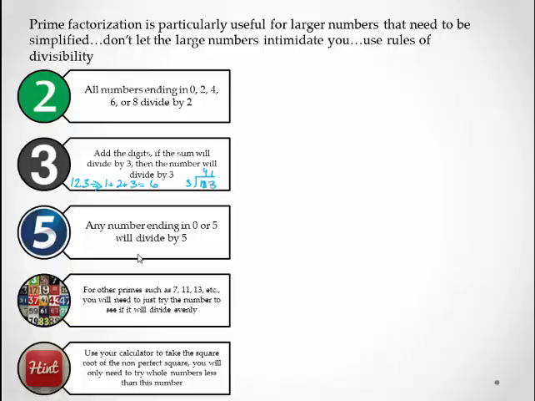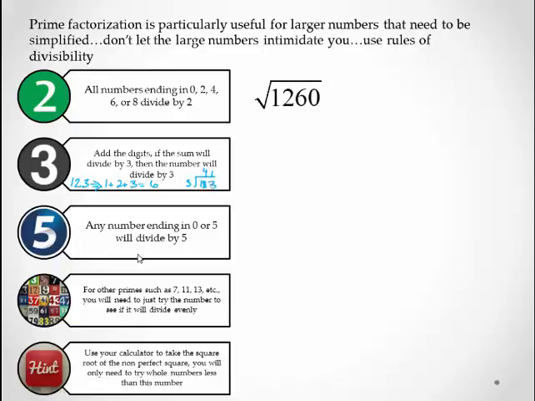So for example, if I'm taking the square root of 148, well, I know 144 is 12, the square root of 144. So 148 is going to be 12 point some stuff. So then when I'm checking the numbers to see if they'll divide into 148, I only need to check numbers 12 or less. So that's just a hint.